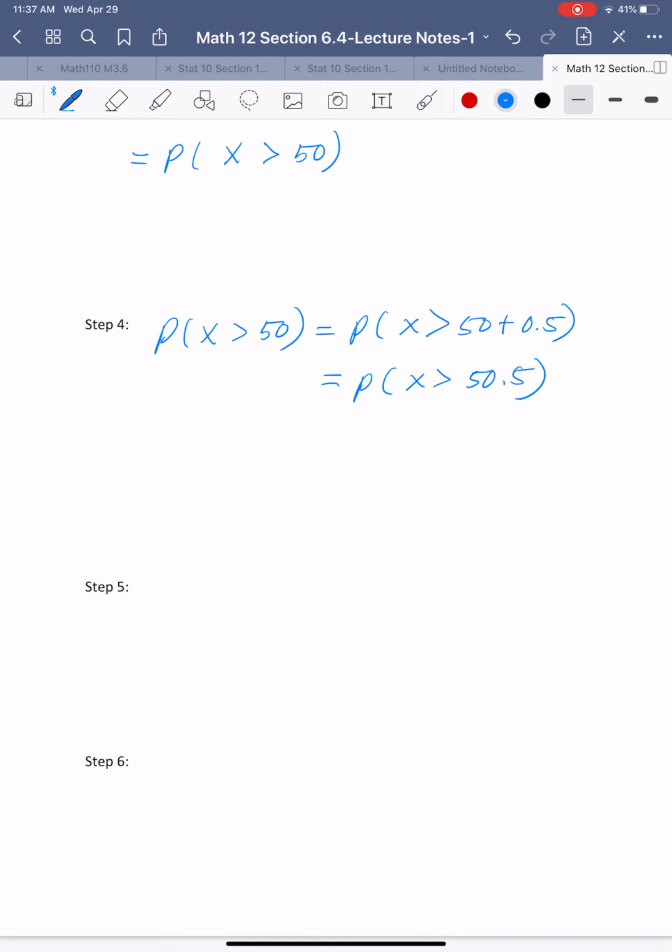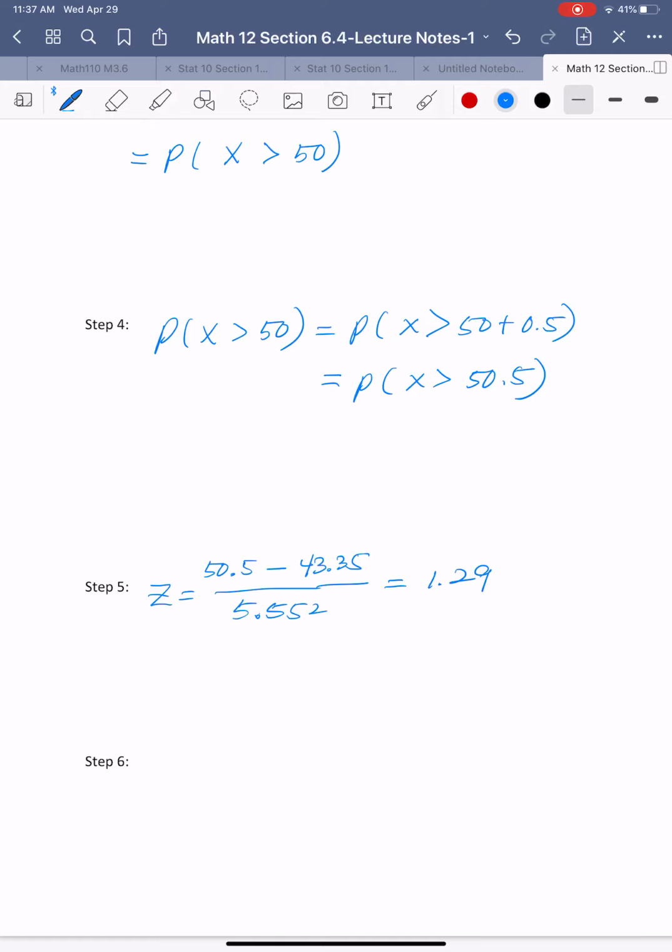Now in step 5, we find the corresponding z-value, the z-score. It is 50.5, which is x, minus mu, 43.35, over sigma, 5.552, which simplifies to about 1.29.